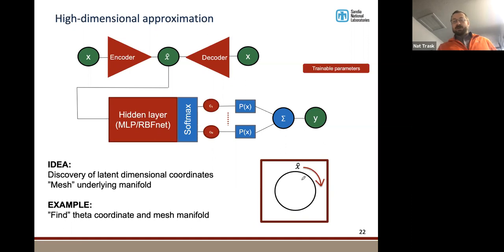In polar coordinates, you have theta, right? So there exists a single dimensional coordinate. This is what we would hope the autoencoder would pick up. And then what we're hoping is that the partition of unity net will find a partition of this latent low dimensional manifold and then attach a local polynomial basis to this.